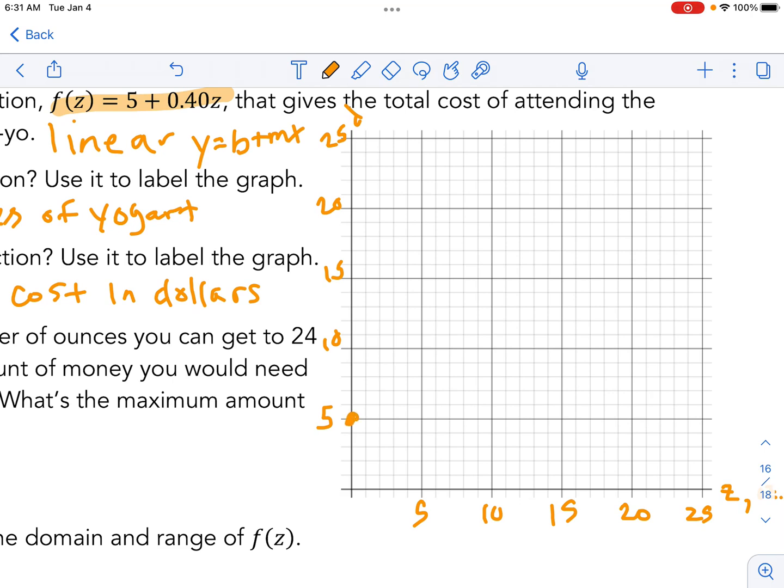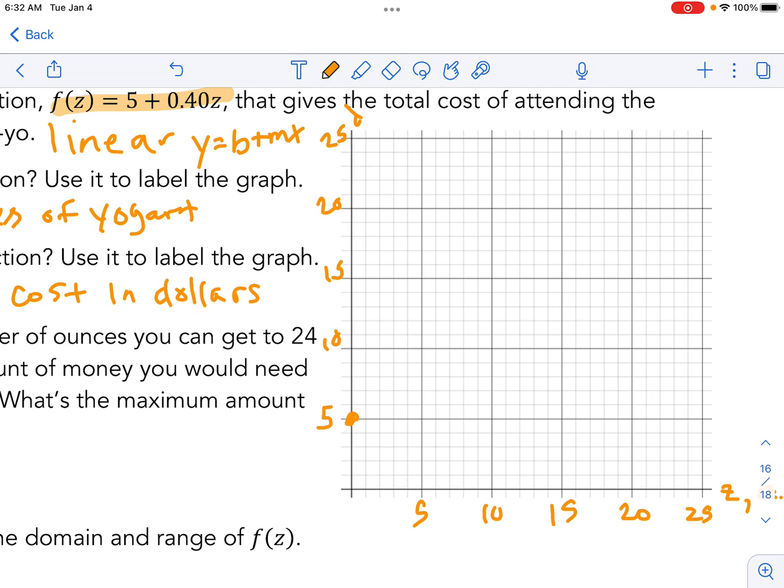And then this is the tricky part, right? We go up by 0.4 and over 1, but up by 0.4 doesn't make sense with this graph resolution. I can't count by 0.4s. But I do know that if I multiply the 0.4 by 10, I've gone up $4.